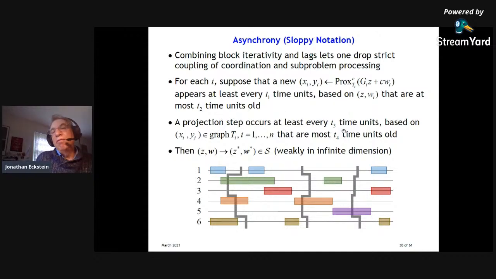And then there's some other time span during which I do one of these projections every T3 time units based on data from here that's at most T4 time units old, and then I still get convergence. But the idea is kind of here, like I drew a picture of my kind of 6 scenarios here, 6 subsystems. I can kind of work on each one in a sporadic way, and then I can do these projection steps based on data that cuts across these different systems in a kind of uneven way, so long as it's not too distorted.